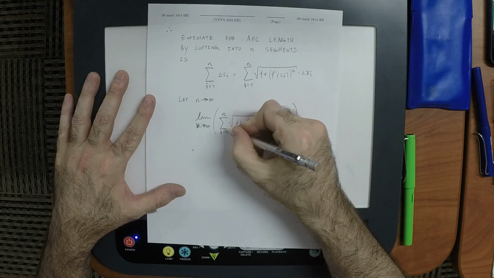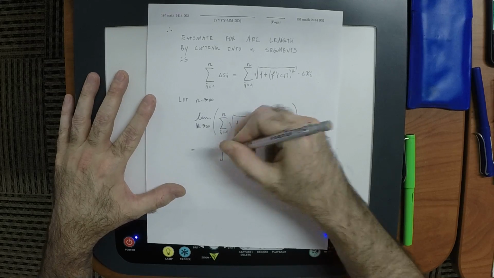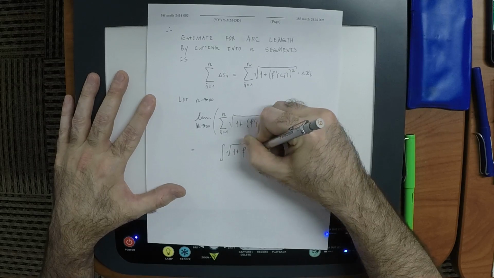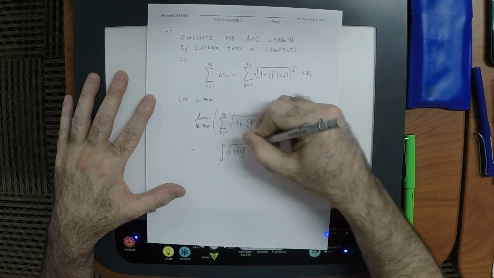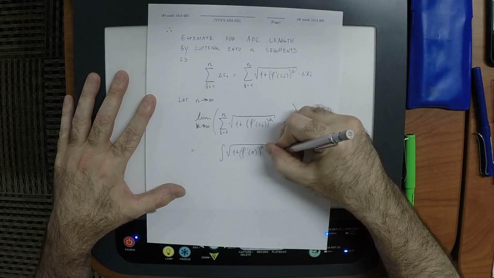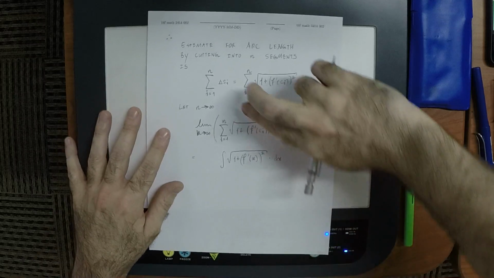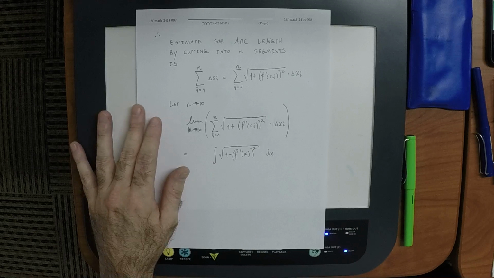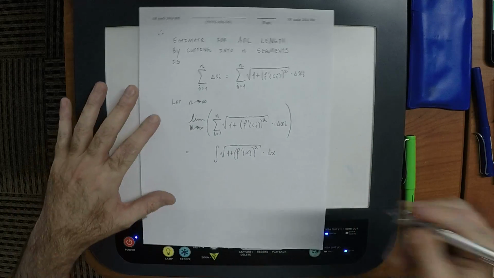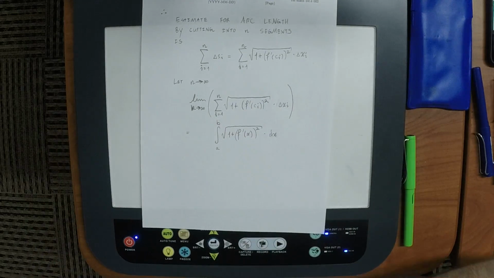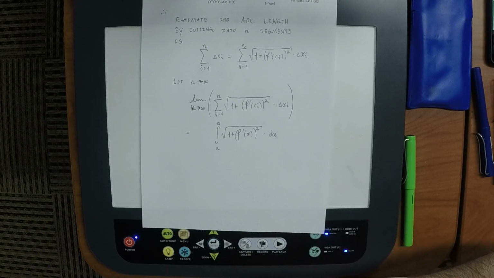So, that Greek S becomes Latin S. That Greek D becomes Latin D. And remember that we were carving up an interval into its pieces. And that interval, when we began, was the interval A to B. So there it is. That's the arc length formula.